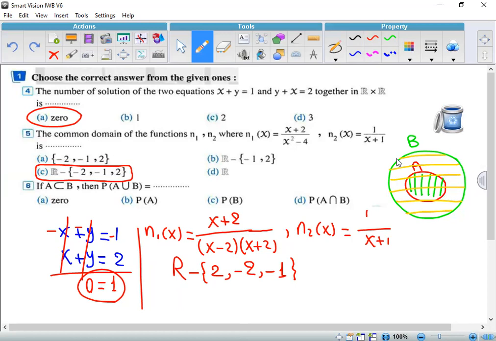The union gives me the big. If the first is a subset of the second, then A union B equals B.